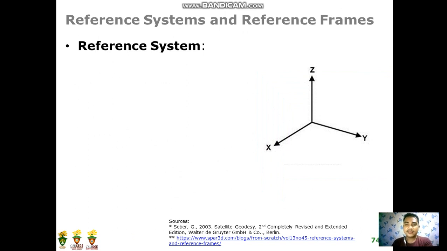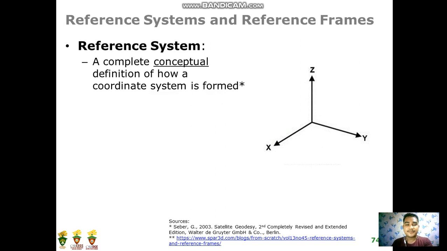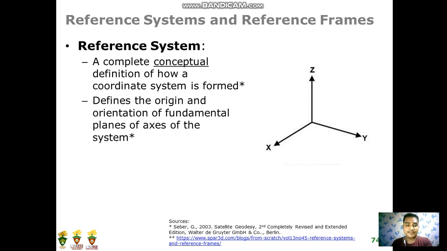So again, recall the geometric geodesy. A reference system is a complete conceptual definition of how the coordinate system is formed. It is the whole concept of how a coordinate system is formed.